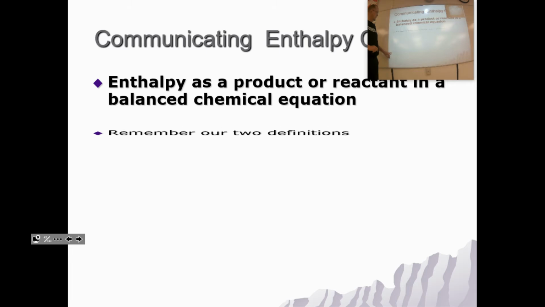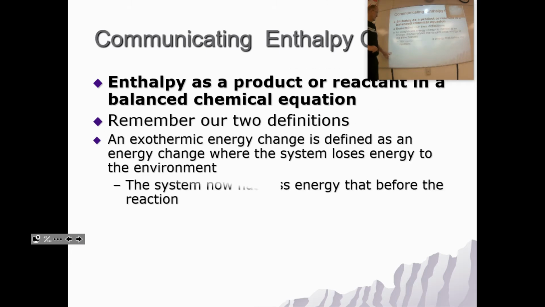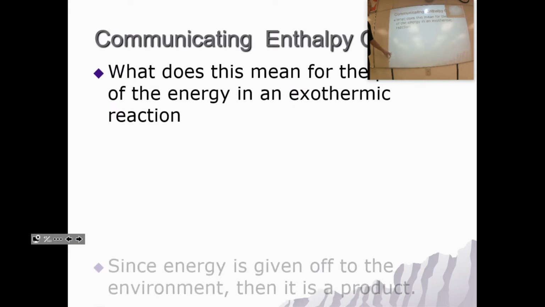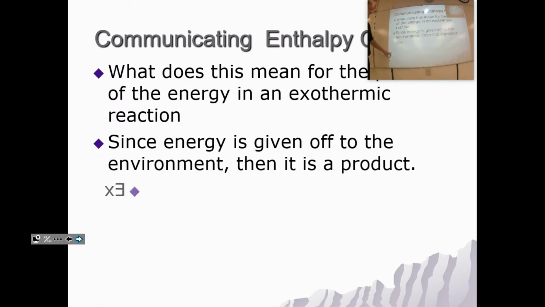Okay. So, two definitions that we had there. If you have those two definitions, it's not that hard to think about where we're going to write the energy in the equation. Energy is given off.